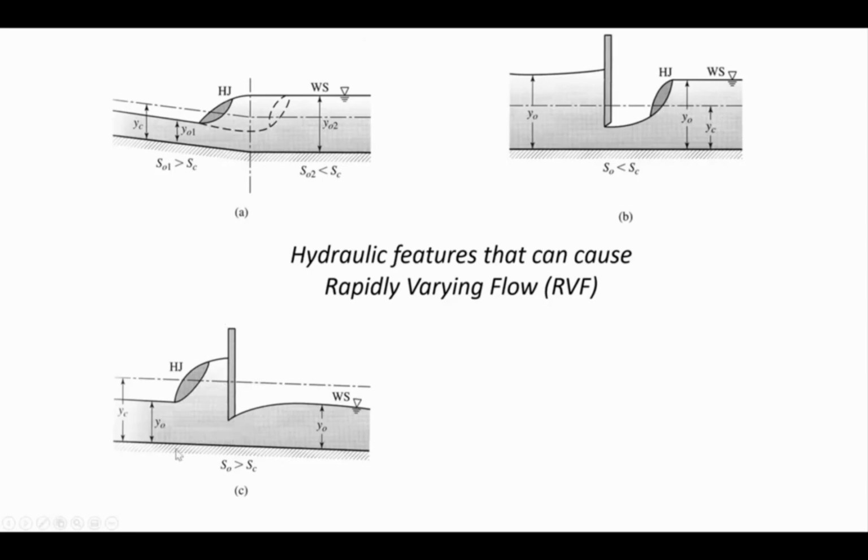So this is a pretty complex situation, like the rationale for why things are happening where they are. If we're having the jump before the gate, it was all because we had supercritical flow conditions.